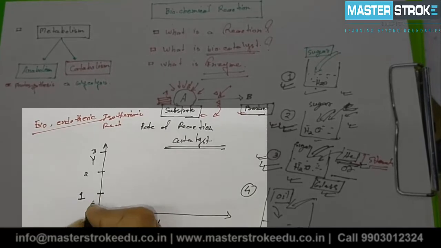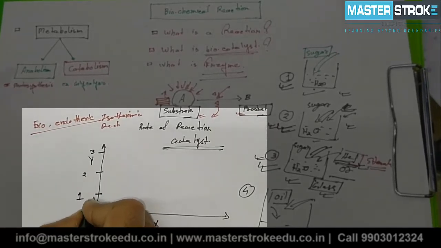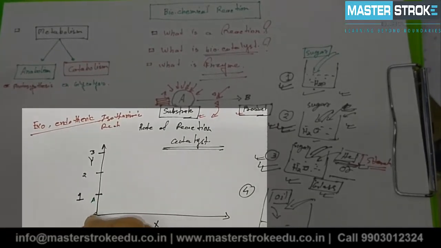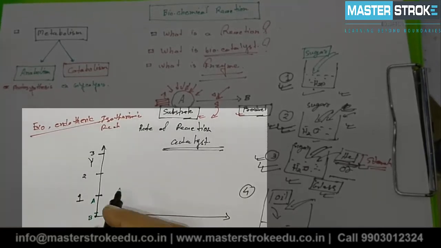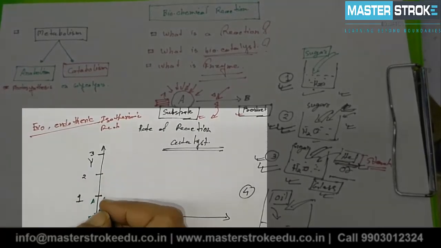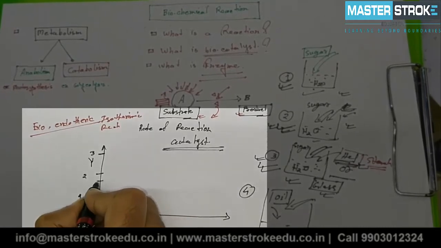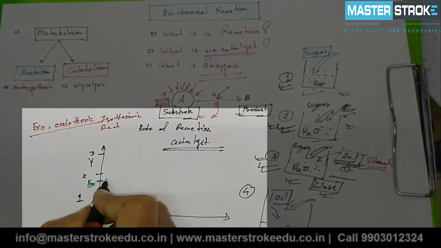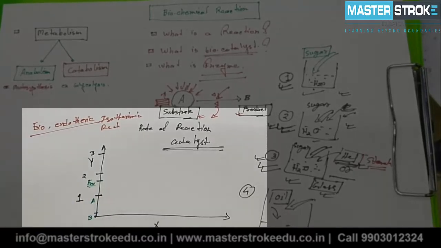This is the internal static energy of A, and this is the internal static energy of B. But the environmental suppressing energy of the A is here. So this is the static energy.